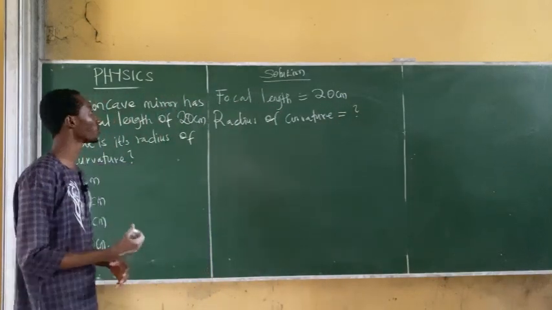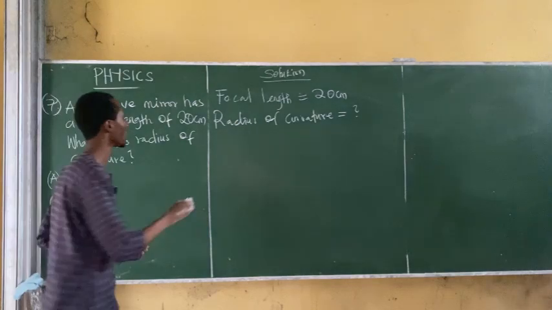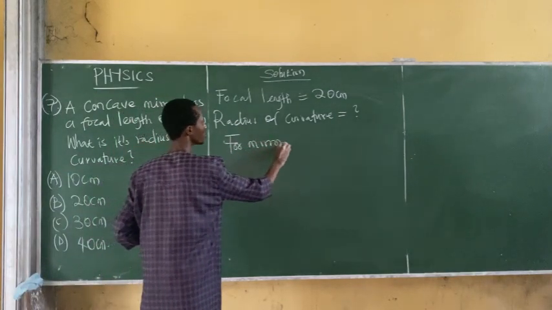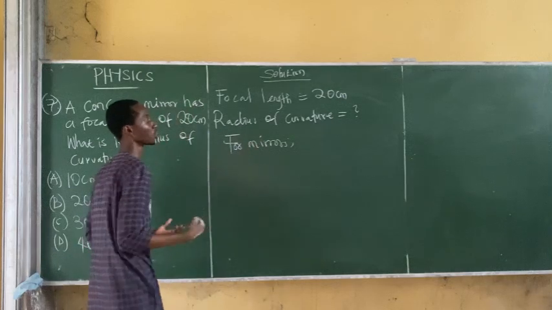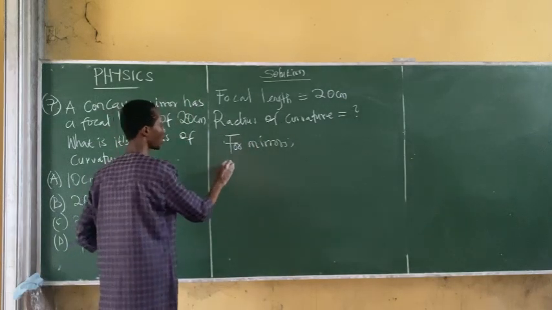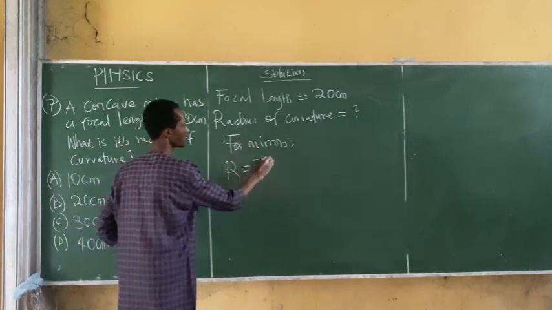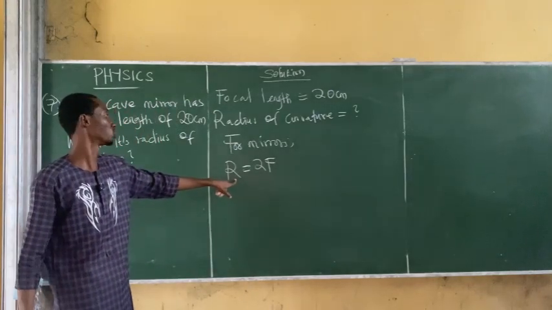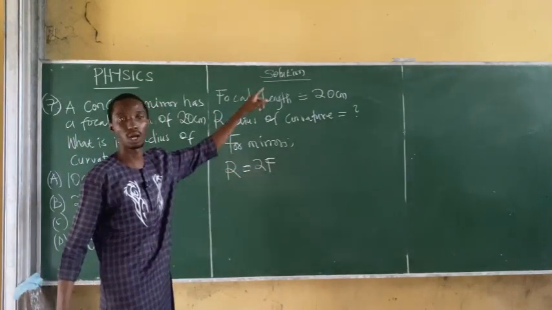For mirrors, the formula for radius of curvature is given by R is equal to 2F, where R is the radius of curvature and F is the focal length.